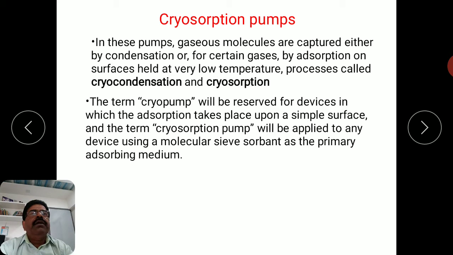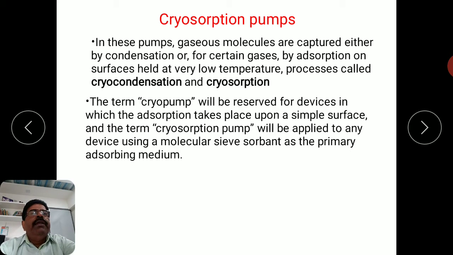That means cryosorption pumps are typically designed where we are using a molecular sieve as a sorbent. So that will act as a primary adsorbing medium, and this is used to trap or capture the gas molecules.